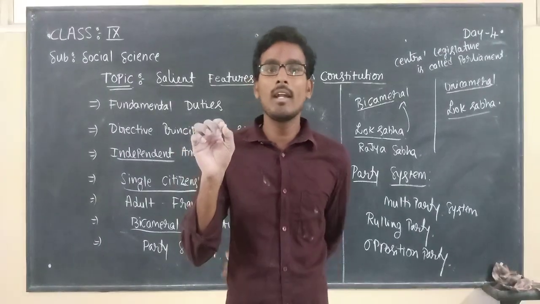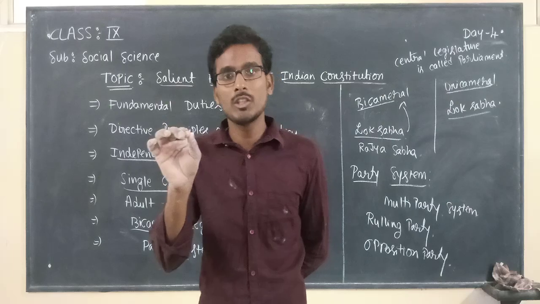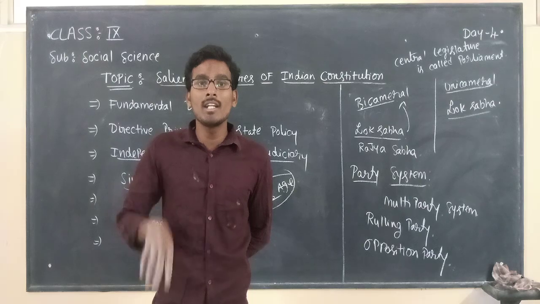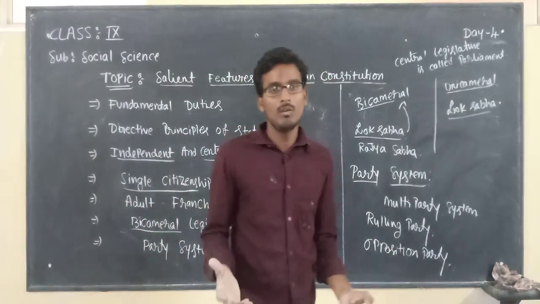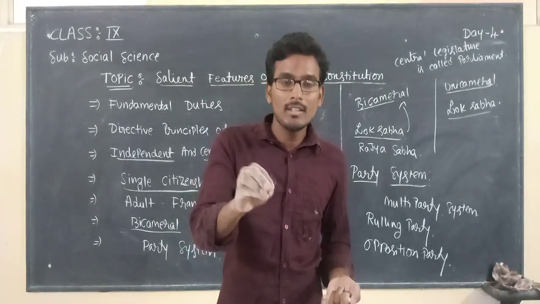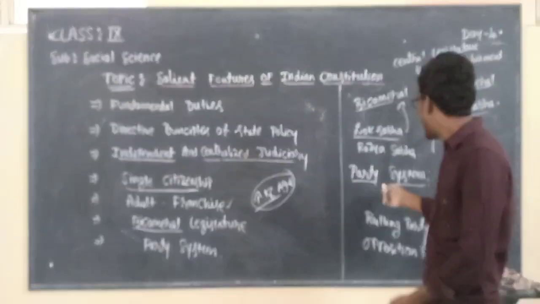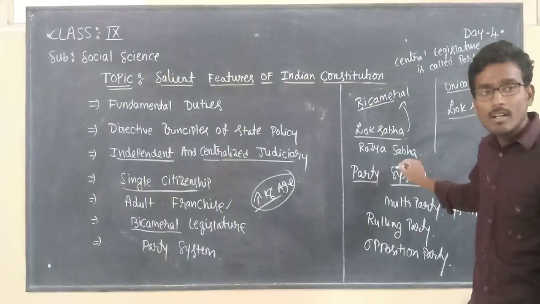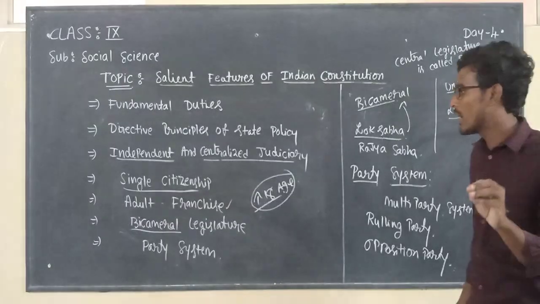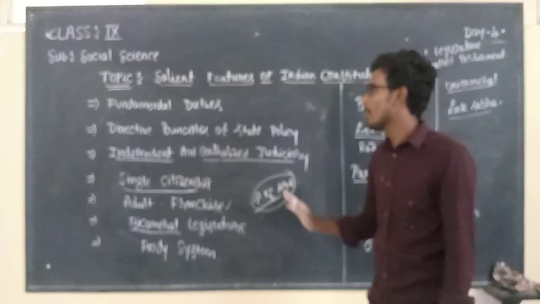Remember children, in a democratic country like India, the role of the opposition party and the opposition leader is very important. Can you imagine proper administration in our country without the opposition party? No. The opposition members will question the activities of the ruling party. So we have a multi-party system. That is all about the important feature of the Indian Constitution, the party system.